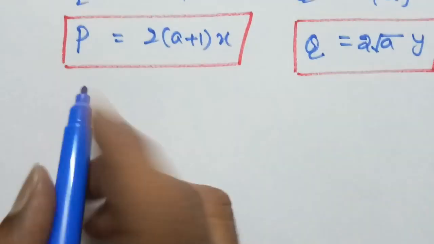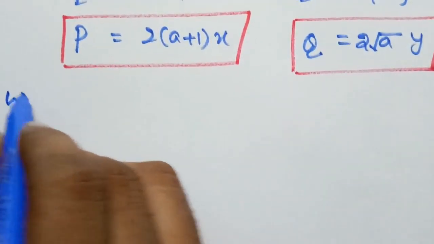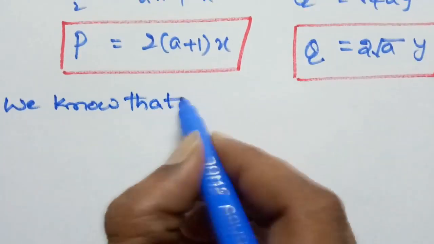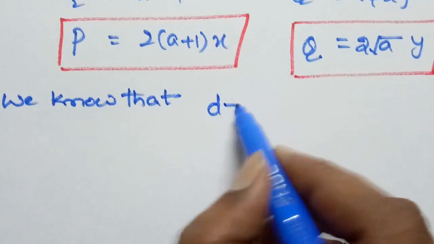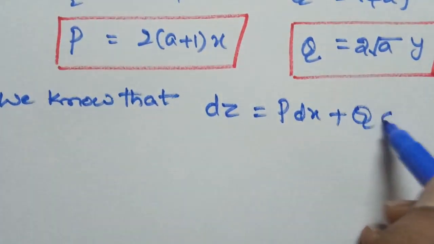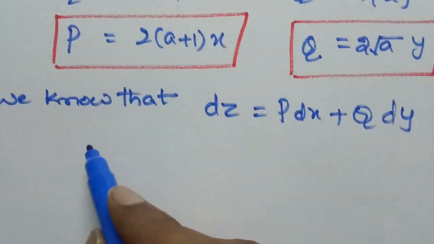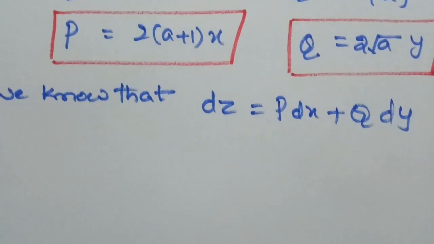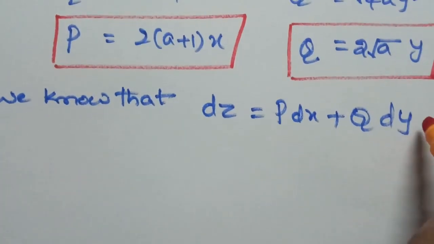Now we know that capital dZ is equal to capital P into dx plus capital Q into dy, as explained in type 4. Say this is equation number 5.